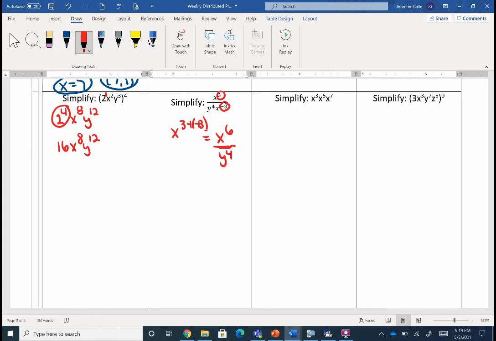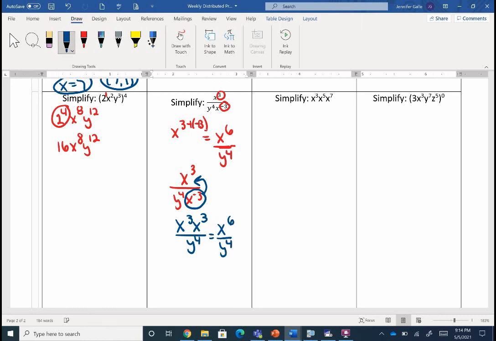Now another way you could go about simplifying this, we're not really solving anything, you could use our negative exponent rule. You could move x to the negative 3rd up to the numerator. It'd become x to the 3rd. And then use our product rule, which says we would add the exponents.